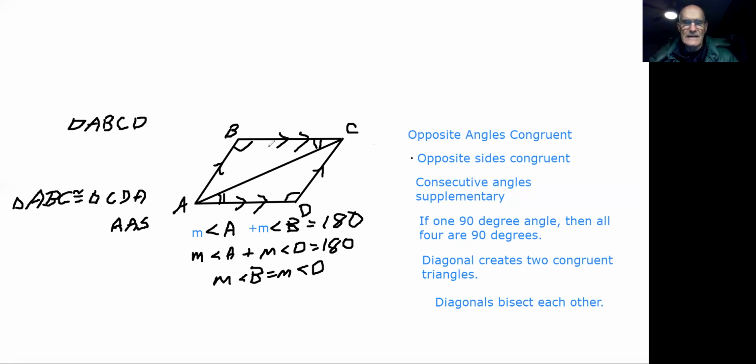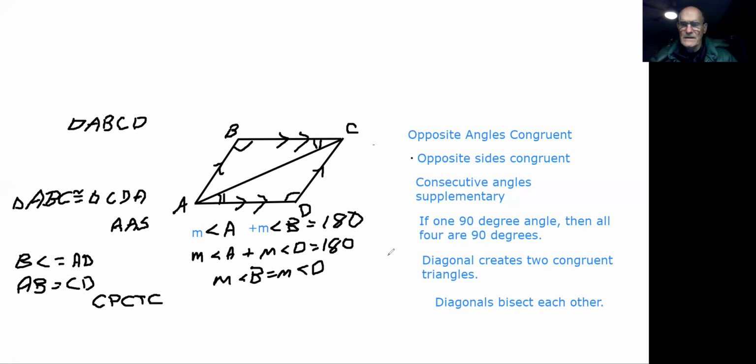So the other thing says now that we can say BC is equal to AD, and we can say that AB is equal to CD, and this is basically because corresponding parts of congruent triangles are congruent.